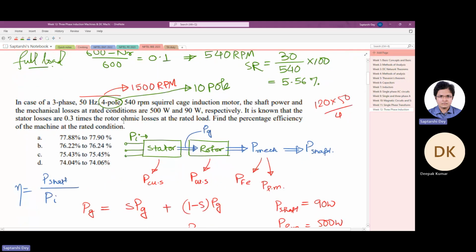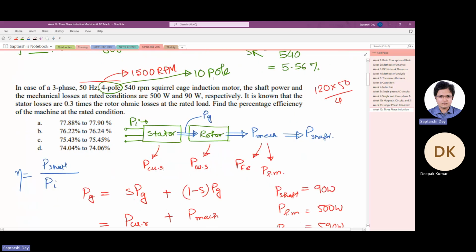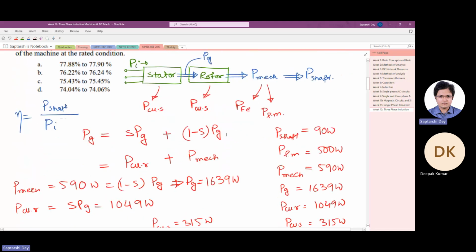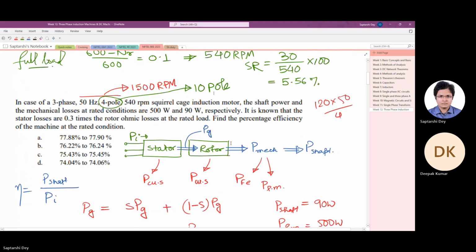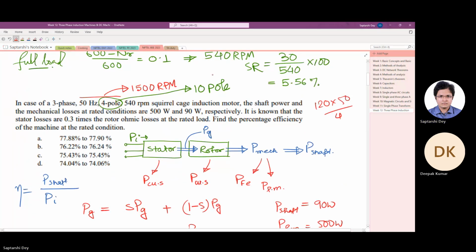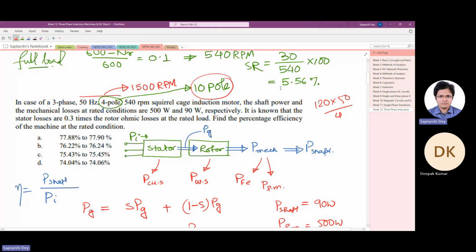What you do is solve this problem assuming that it's a 10 pole machine and see whether you get this result. You should get it. The things will remain the same. Do this for a 10 pole machine. Everything is the same, just make this 4 into 10 pole. All right.